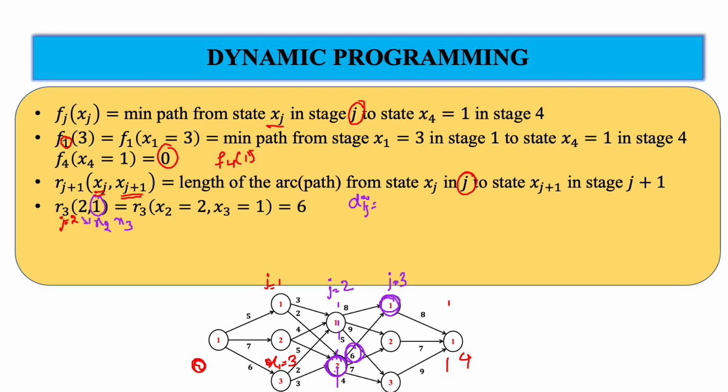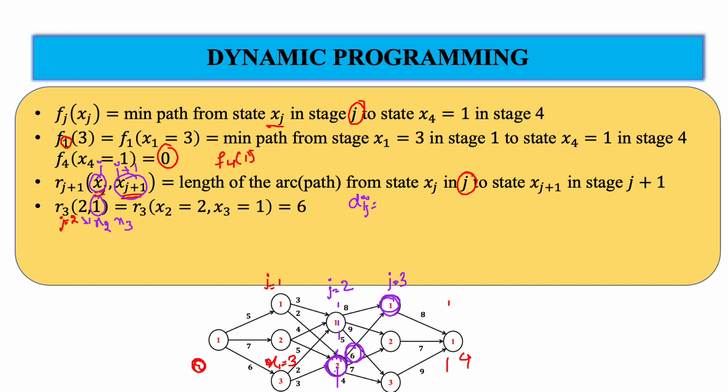In the same way here we define rj plus 1, xj plus 1. It's the arc length from xj to xj plus 1 in stage j to j plus 1.